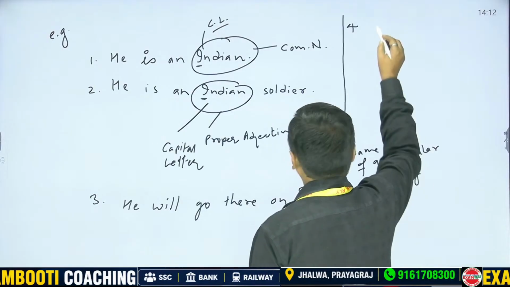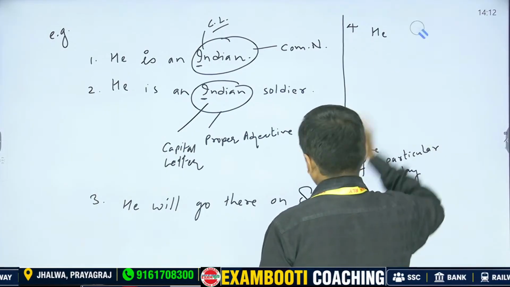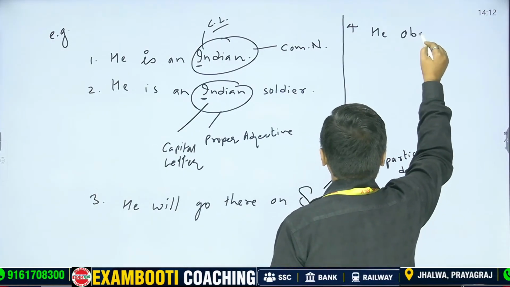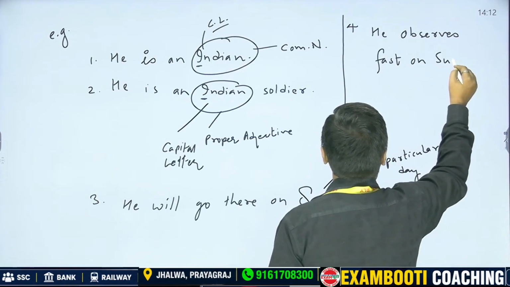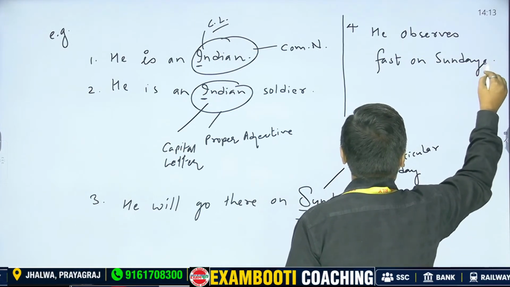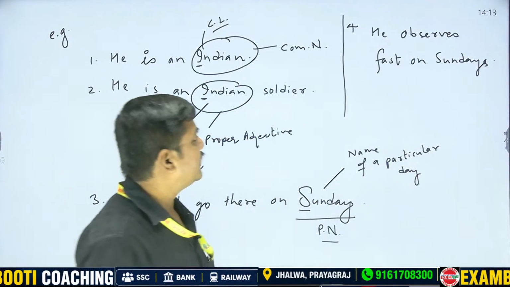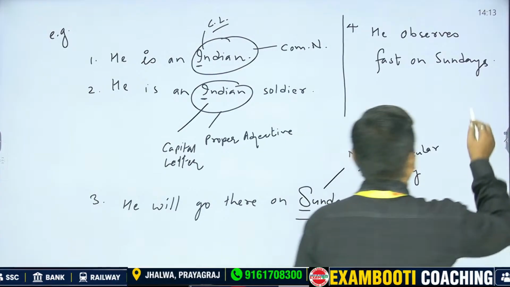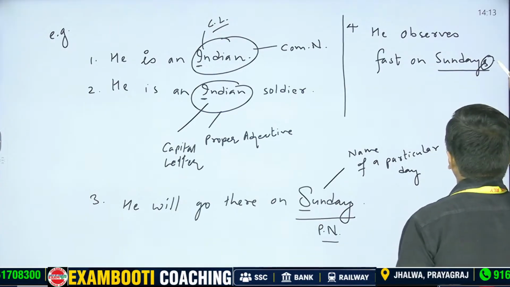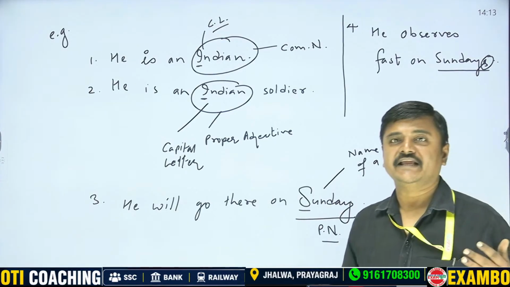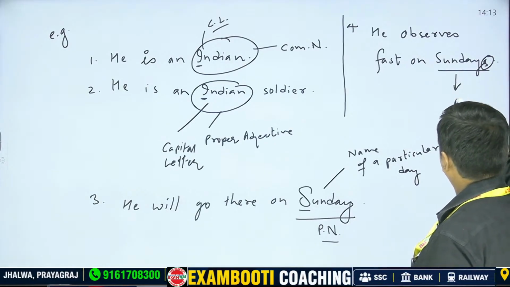But if I write in this way, suppose that I write, he observes fast on Sundays. Now watch very carefully. There is Sundays. Now I have written it with an s. He observes fast on Sundays. If it is written in that fashion, it is plural.